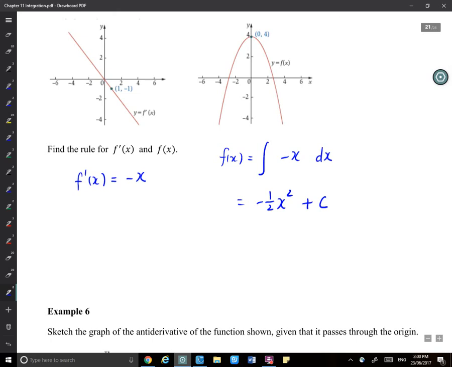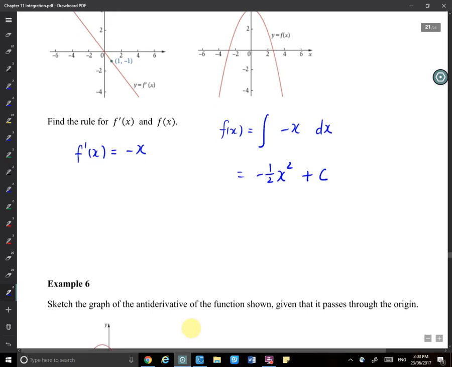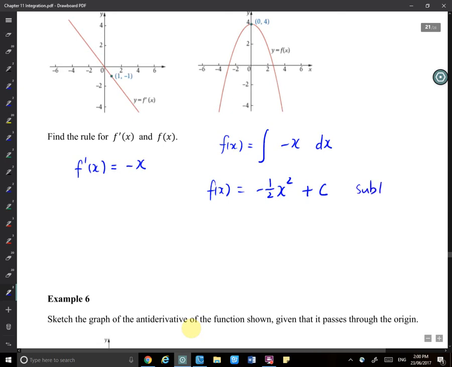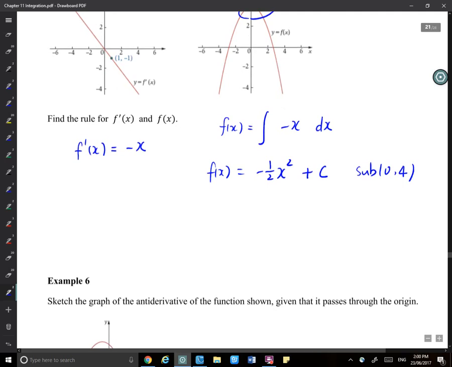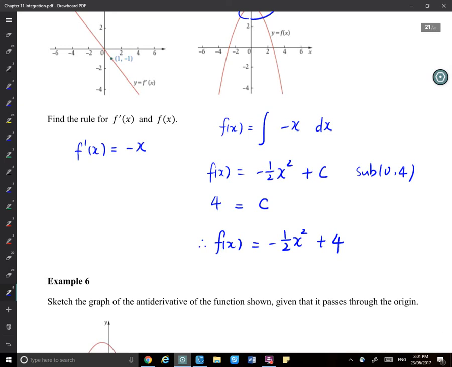But what you know is to substitute (0, 4) into this function, because 1 point is given, which is (0, 4). So 4 will equal c. So your f(x) is minus a half x squared plus 4.